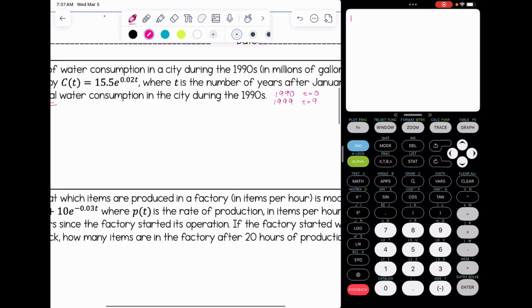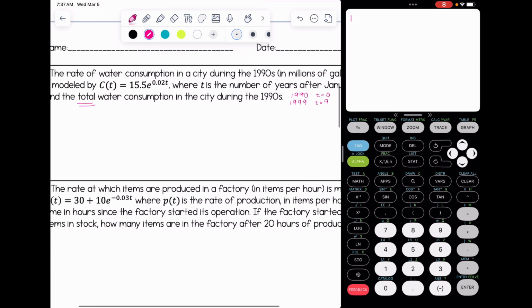All right, so now let's see if we could write our integral. So we are going to integrate from 0 to 9 of c of t dt. We could also write that by actually putting the function in there, so that's 15.5 e to the 0.02t dt. And then I'm going to go over to my calculator to determine that answer.